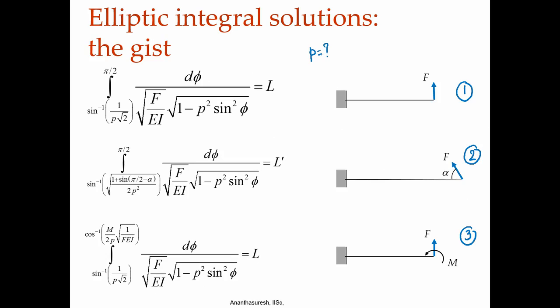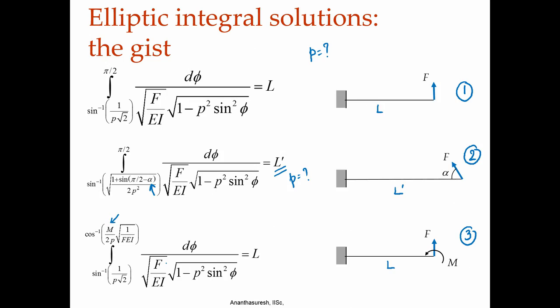Similarly, in the case of inclined load, alpha is there. For given alpha, force, E and I, again we have to find what p is for given length L prime here. If this is L, this is now L prime length, and this again L, there is a moment and a force. You can see where the moment is, and of course, where the force is.